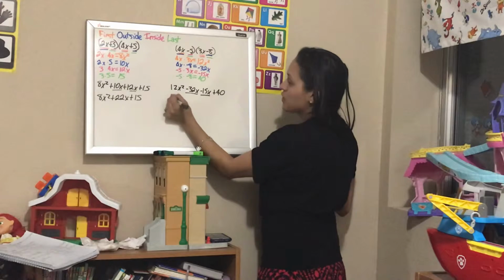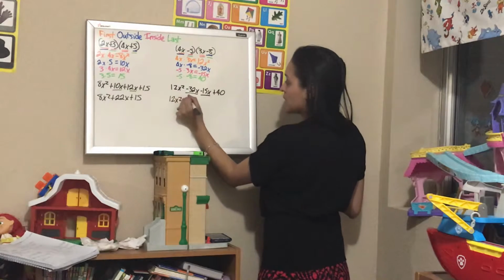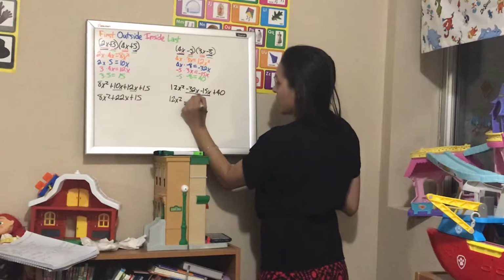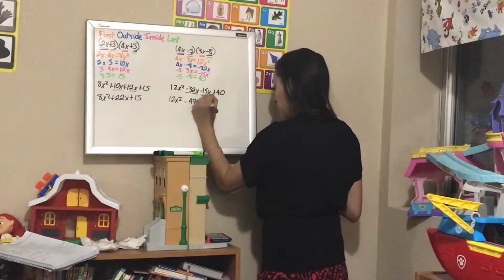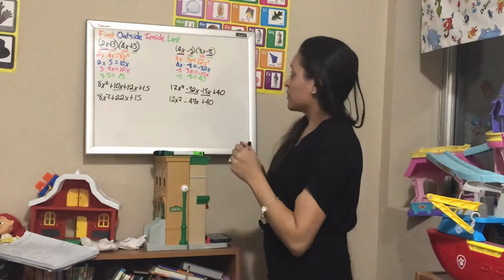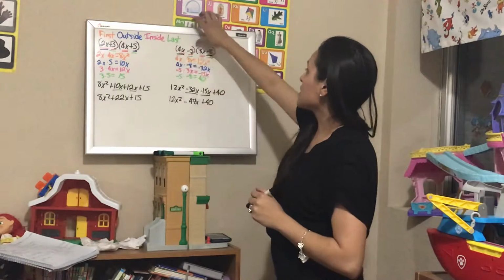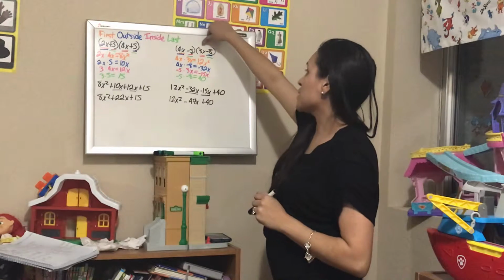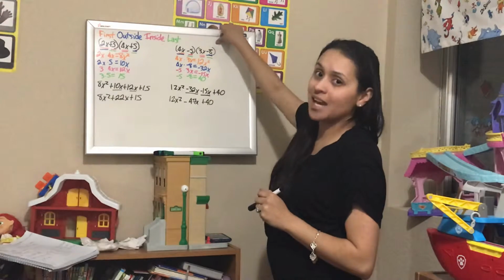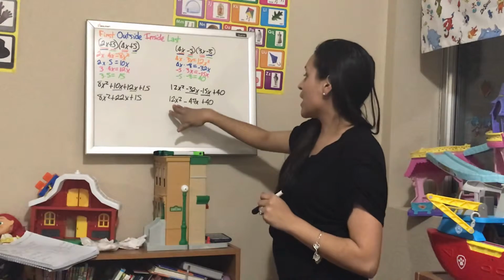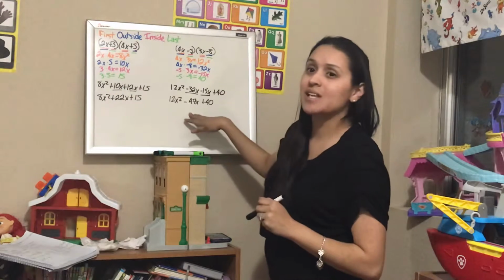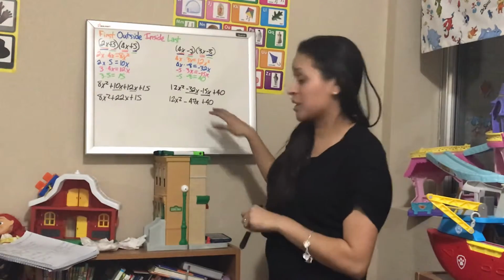That will give us 12x squared minus 47x plus 40. Now our binomial 4x minus 5 times our binomial 3x minus 8 gives us 12x squared minus 47x plus 40.